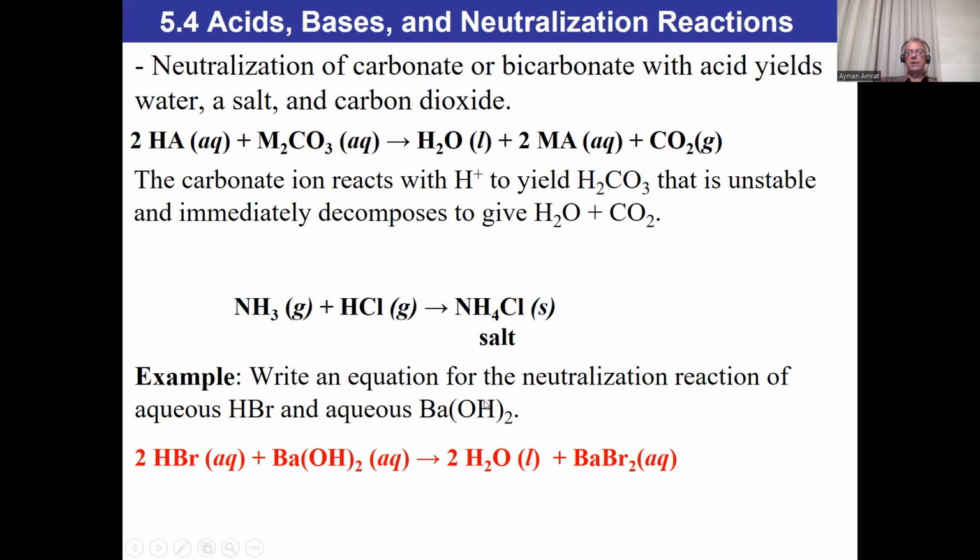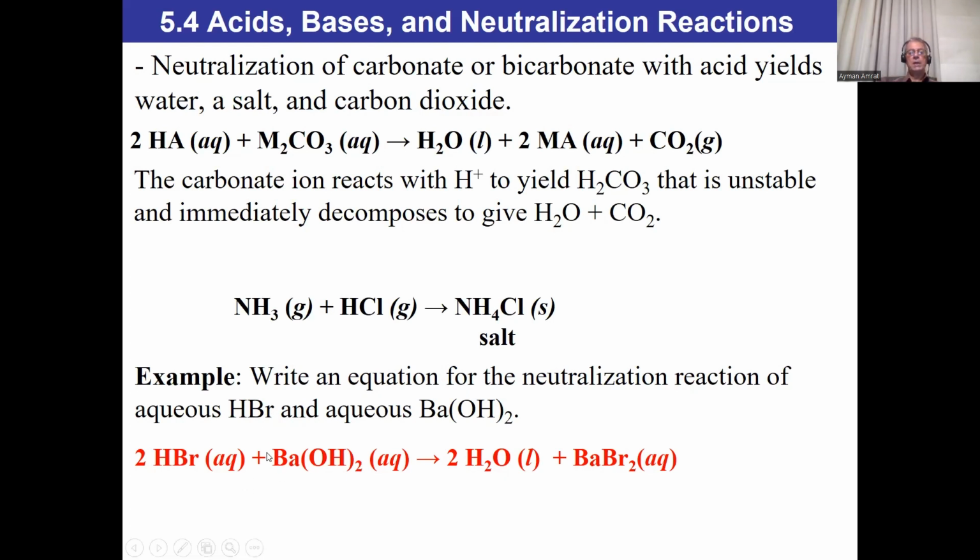Example: write an equation for the neutralization reaction of aqueous HBr and aqueous Ba(OH)2. Ba(OH)2 contains 2 moles of OH minus, so HBr should be multiplied by a coefficient of 2 to form 2 H plus. 2OH minus plus 2H plus form 2 water molecules.